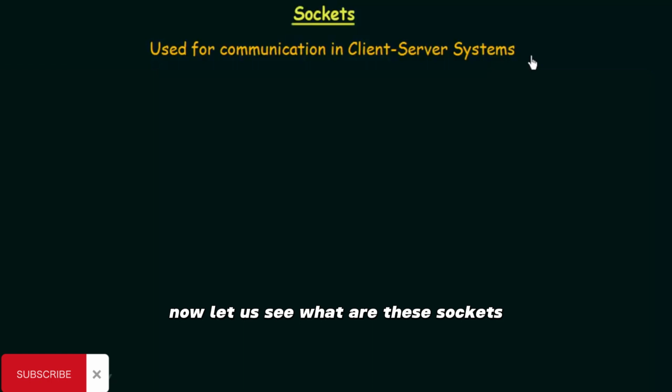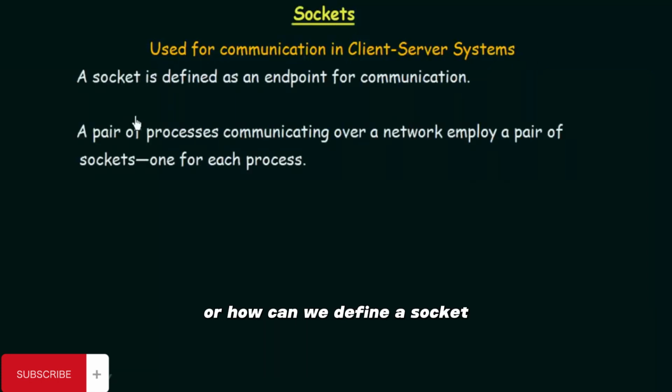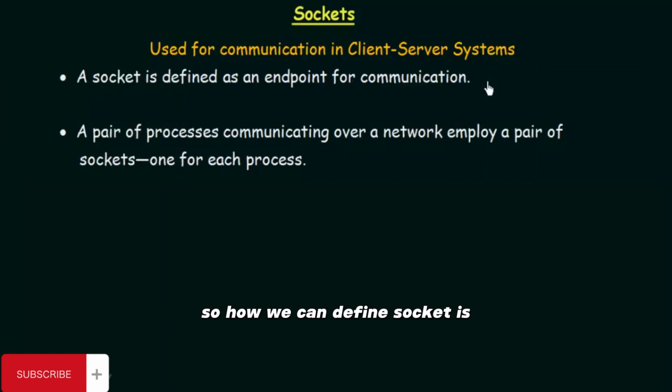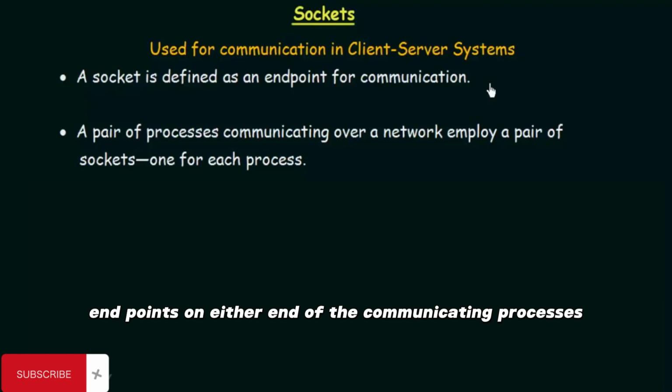Now let us see what these sockets are, how they work, and how they help in communication between two or more processes. First of all, let us see how we can define a socket. A socket is defined as an endpoint for communication. So when two processes or two systems want to communicate with each other, sockets are the endpoints on either end of the communicating processes.